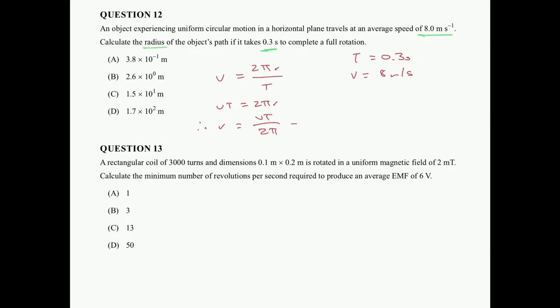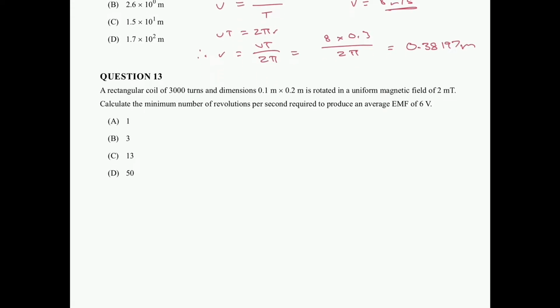I can substitute my variables in: 8 times 0.3 divided by 2 pi, and that gets me my answer of 0.38197. Again, think about your SI units. This is in seconds, this is in meters per second, so I know my outcome is going to be in meters. That ends up lining up with option A.